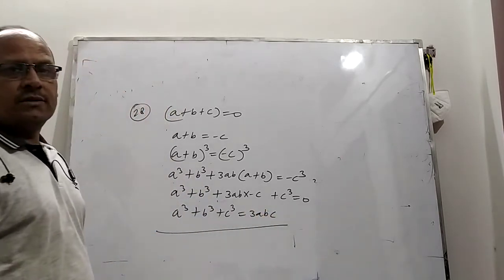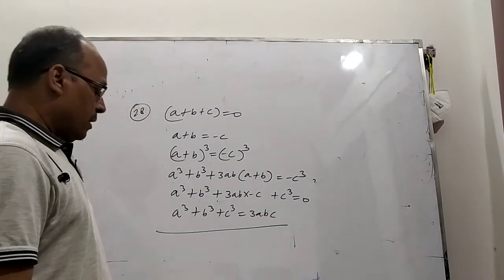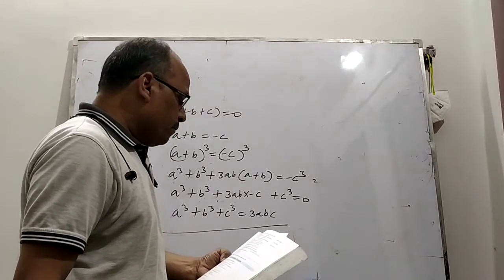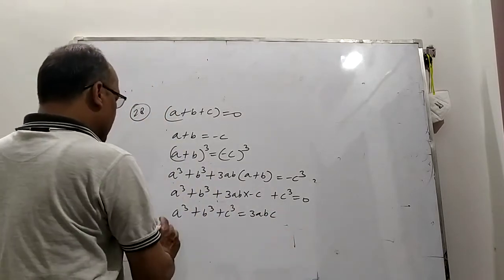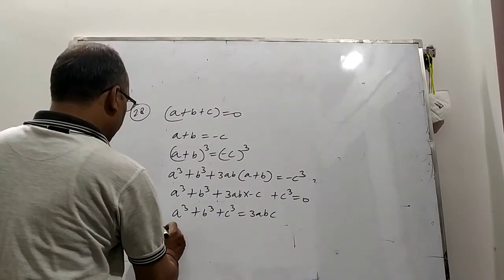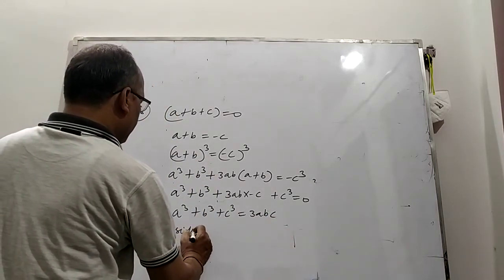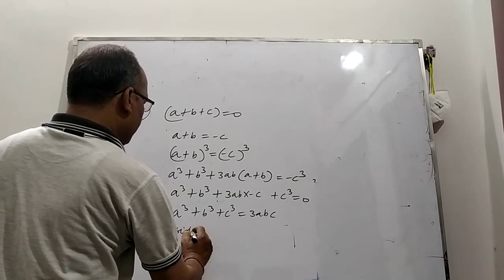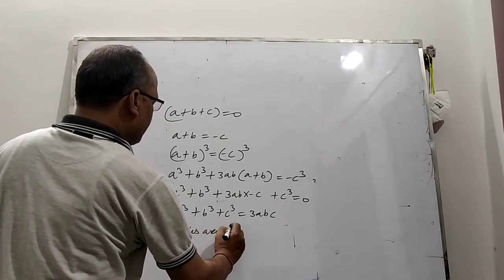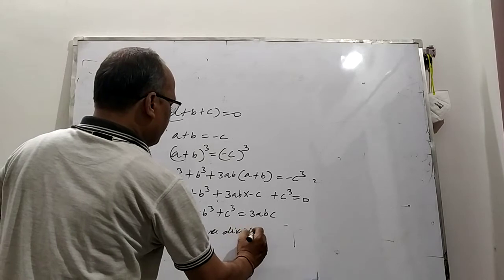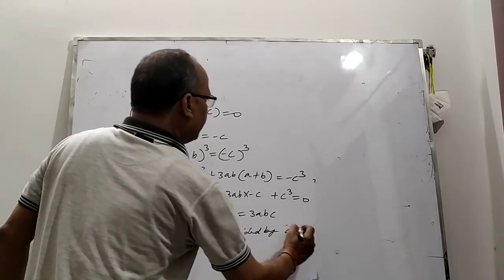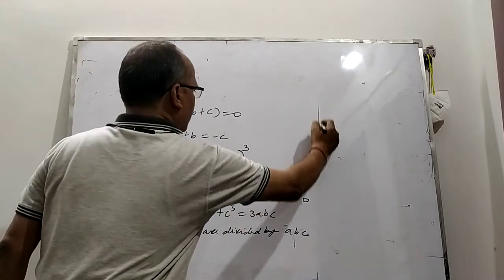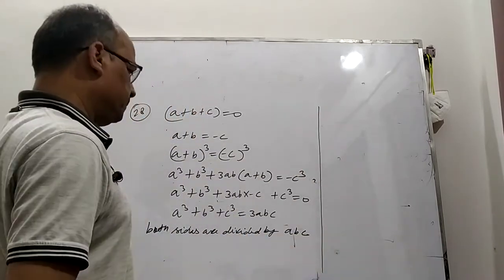Now they are asking to prove that. This is the proof. So divide both sides by ABC. Then what will you get?